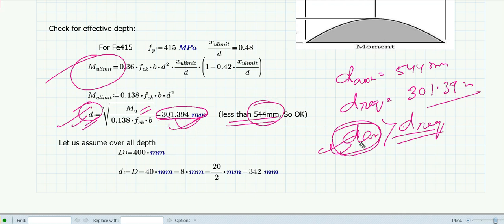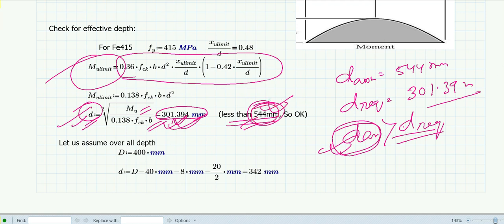But you can see that while assuming 600 mm overall or 544 effective depth, we have just used an empirical equation, but this equation has been derived after considering the stress block and all, right? So this is more accurate. The assumption is just a probabilistic, or imaginary, consideration of the depth.